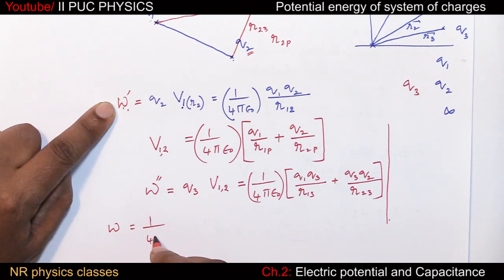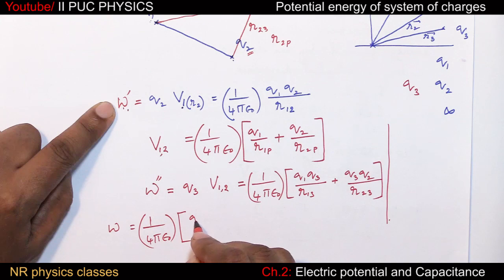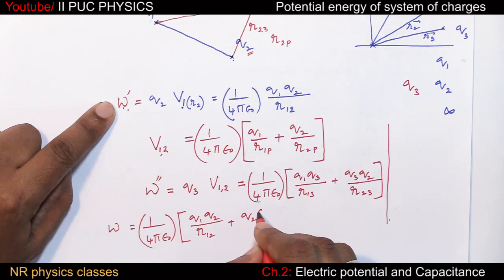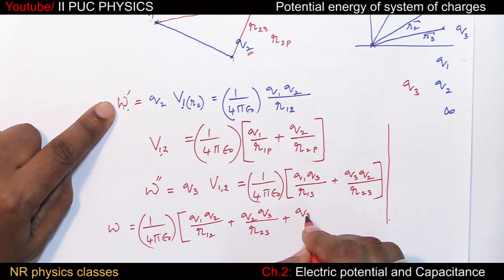Therefore, 1 by 4 pi epsilon naught, Q1 Q2 by R12 plus Q2 Q3 by R23 plus Q3 Q1 by R31.